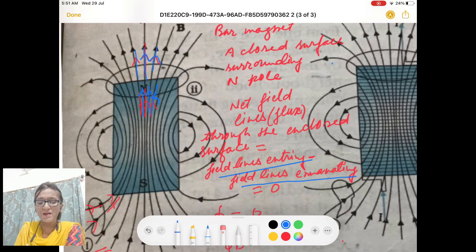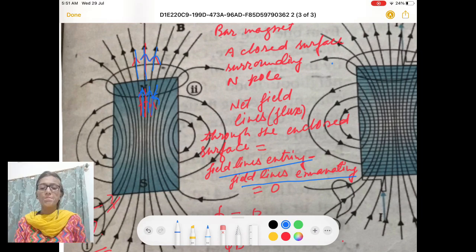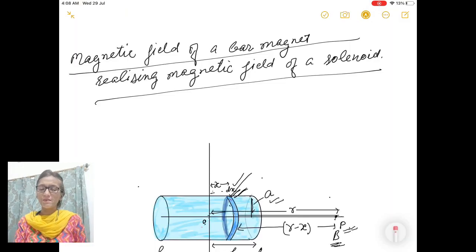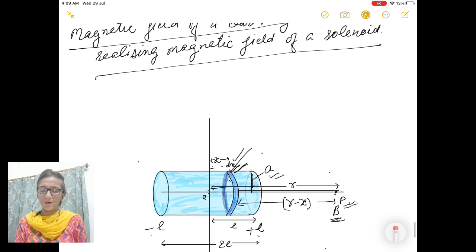Magnetic field of a bar magnet, realizing magnetic field of a solenoid.